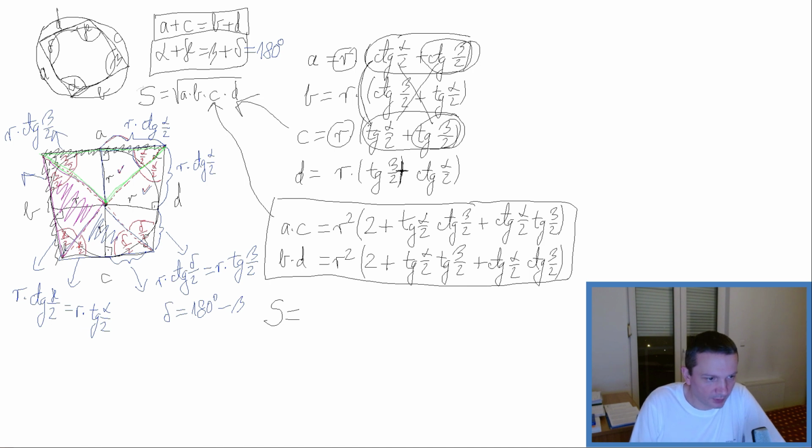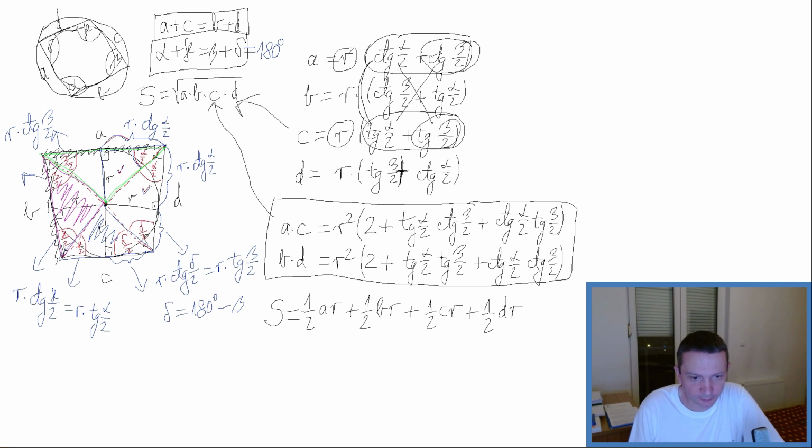And actually the area of the first one is 1/2 A times R. The second one has area 1/2 B times R. The third one is 1/2 C times R, and the fourth one is 1/2 D times R.